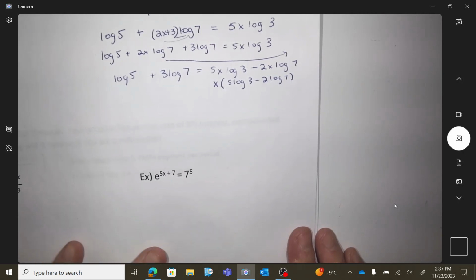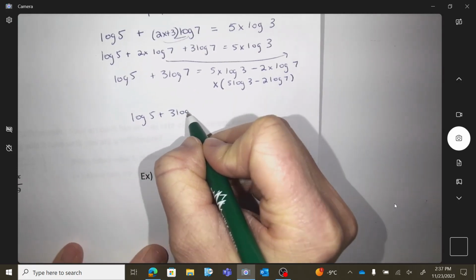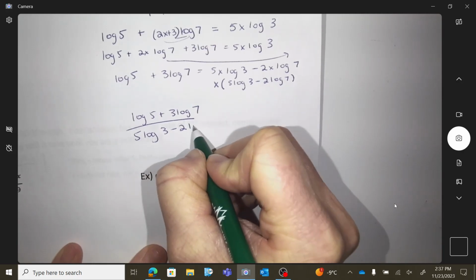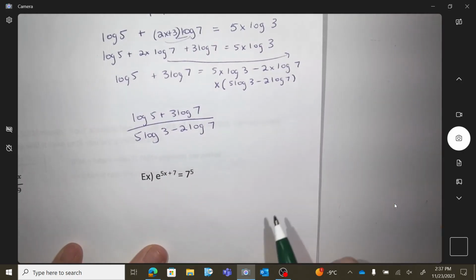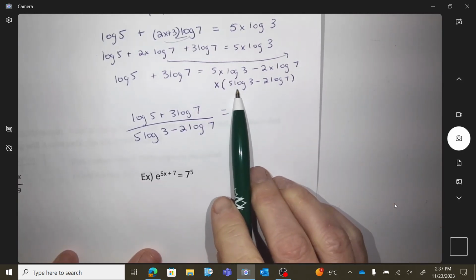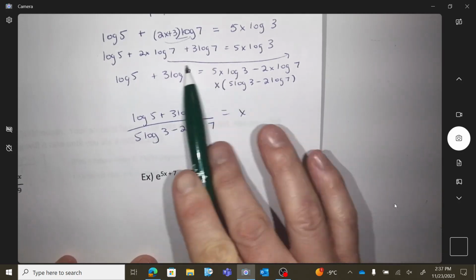And now the last step is to divide. Right? I need to divide that. Divide. Okay, so this is your calculator stuff now.